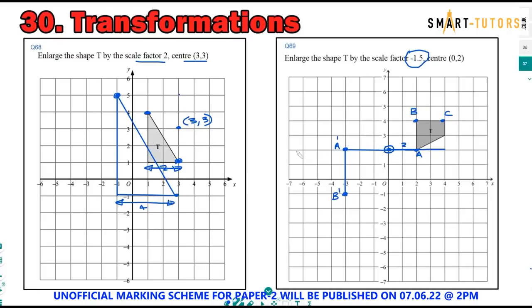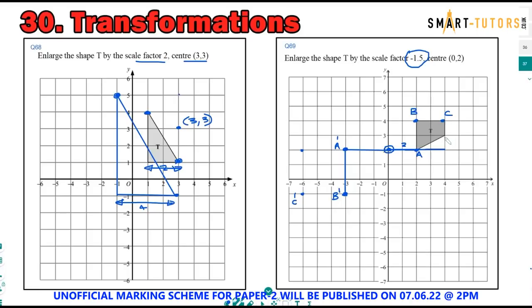So 3, 3, so 6 here, and 2 means you need to multiply 2 times 1.5, which is 3, and that is going to become this point, right? So B and C are on the same level, so this is going to be our C dash, right? So now that is C dash found.